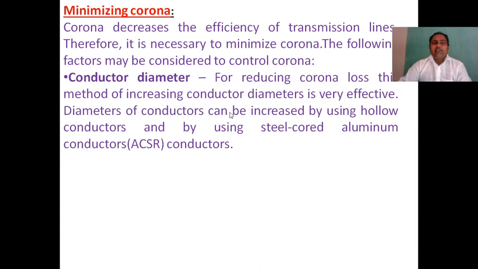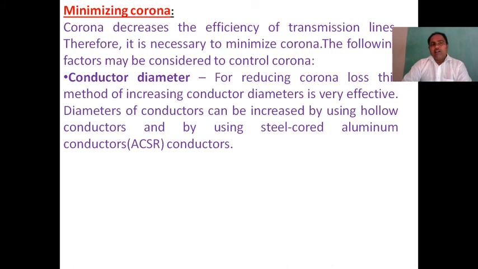Diameter of conductors can be increased by using hollow conductors and steel core aluminum conductors. As conductor diameter increases, the corona losses are minimized. Nowadays we prefer ACSR, aluminum conductor steel reinforced, and also hollow conductors.